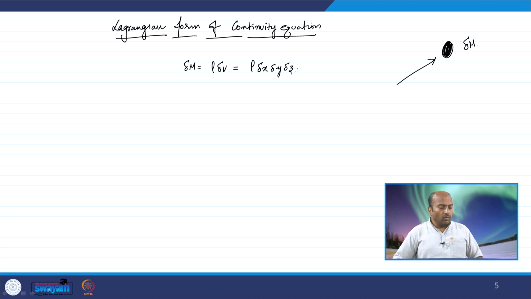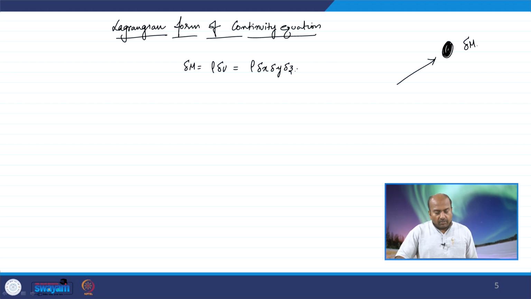So the Lagrangian control volume is a tagged group of particles which moves along with the fluid. The control volume has a mass of delta m and it moves with the fluid, where delta v is delta x, delta y, delta z.